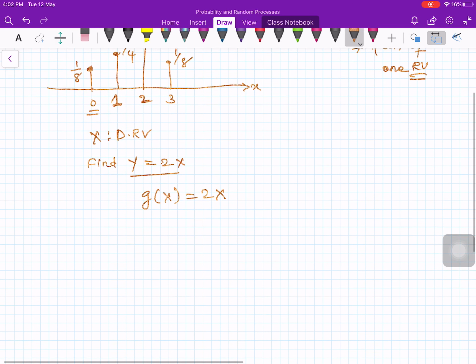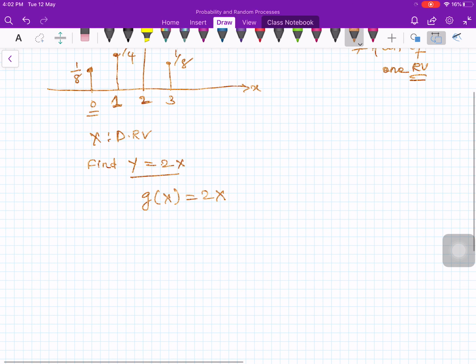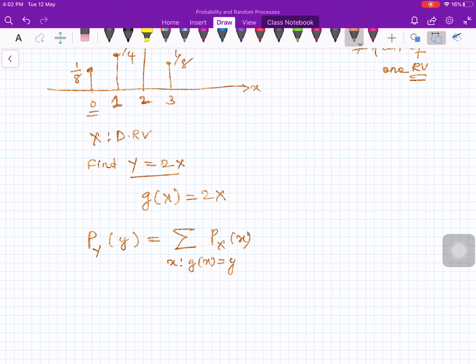Now I already discussed this. So the probability mass function p_Y of y is given as the sum over all x's such that g of x equals y of p_X of x.